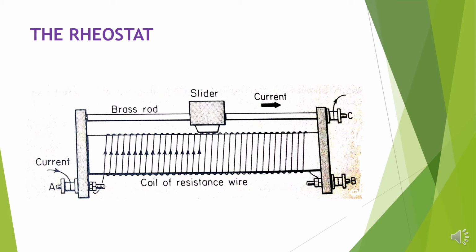As the slider is moved along the brass rod, the length of the wire increases and therefore the resistance increases. So by changing resistance of that wire, we are also changing the current flowing through the circuit. So basically that is the reason why rheostats are added to an electrical circuit.